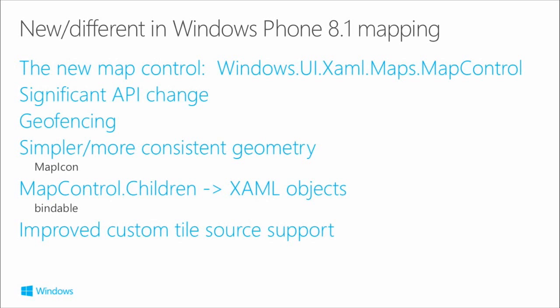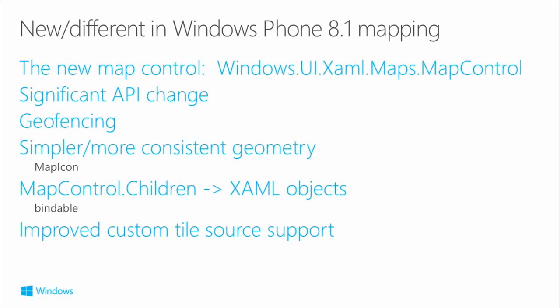But along with those updates, we get cool stuff like geofencing. We have a simpler, more consistent geometry. This is actually really exciting. We'll get into this, the map icon, which instead of drawing on top of the map in a heavy XAML sort of way, we're actually integrating with the native mapping render control. So it gives us a lot cleaner, a lot faster experience.